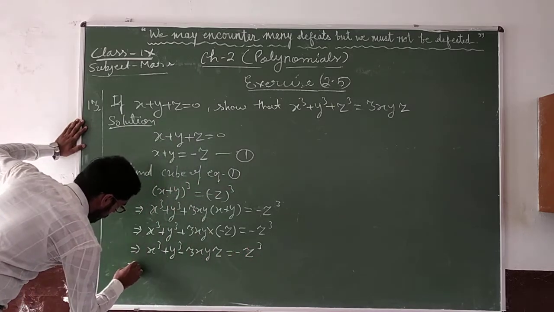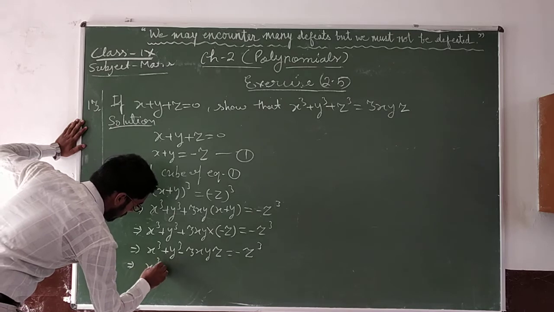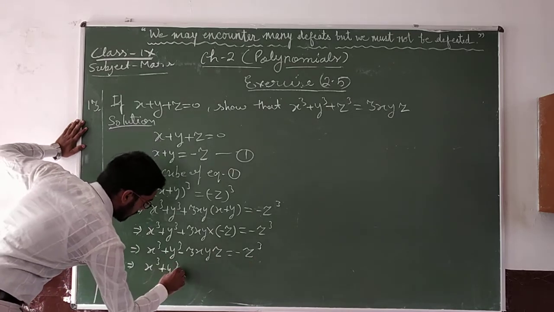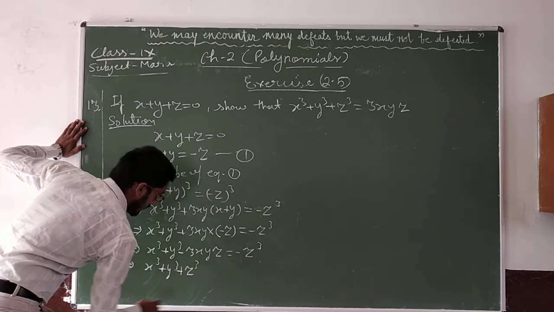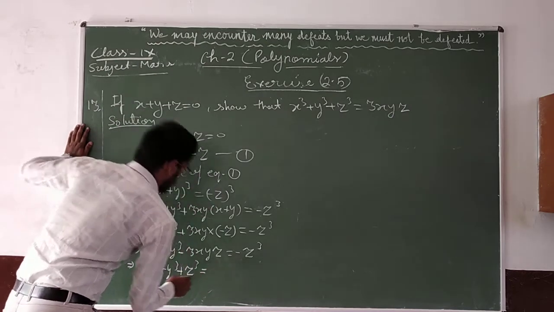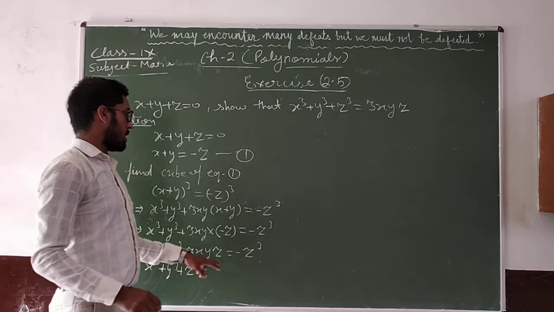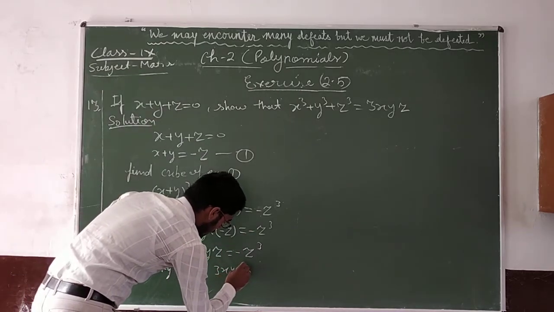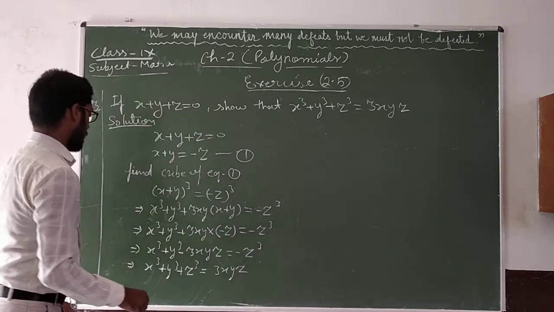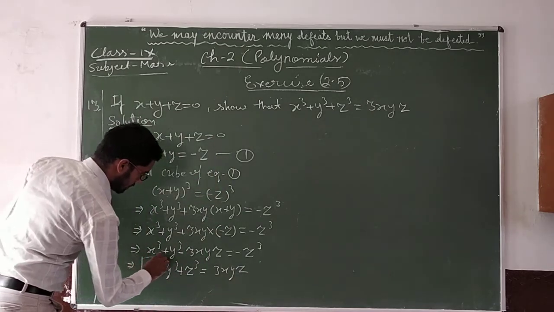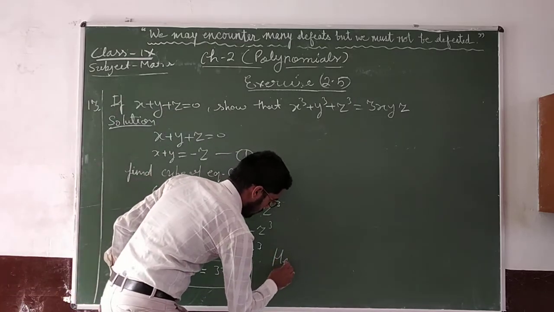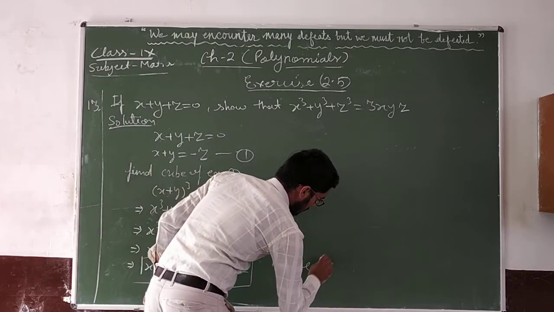Transpose: x cube plus y cube, and minus z cube will be plus z cube in LHS, is equal to minus 3xyz will be plus 3xyz in RHS. Okay, hence verified. Hence proved.